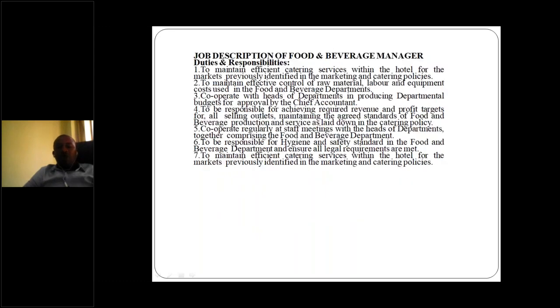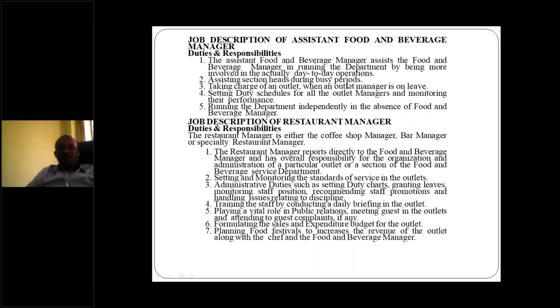People love this spice. So those are the things. Also, he's responsible for the ordering of stocks. So these are the responsibilities of the food and beverage manager in a food and beverage place.